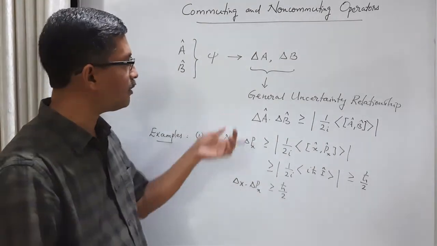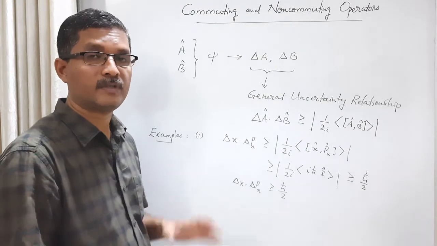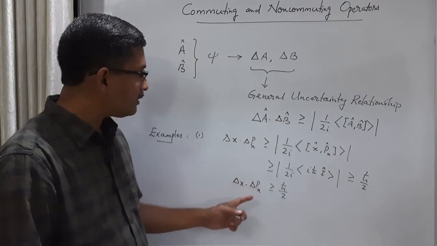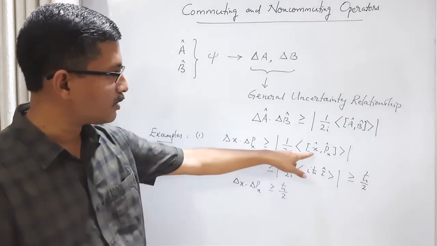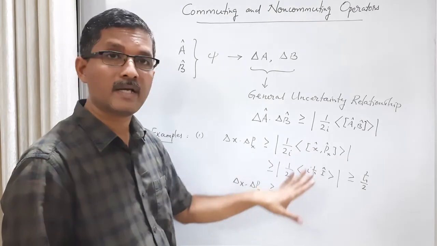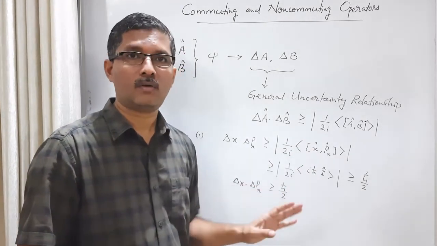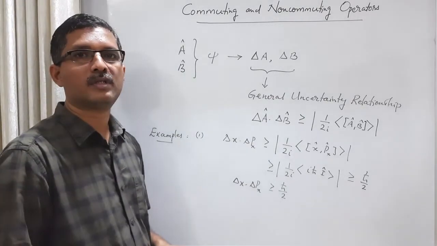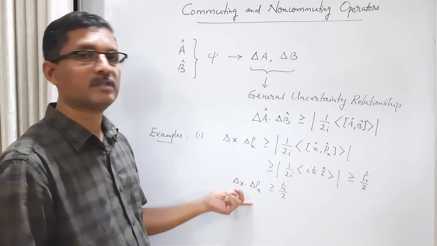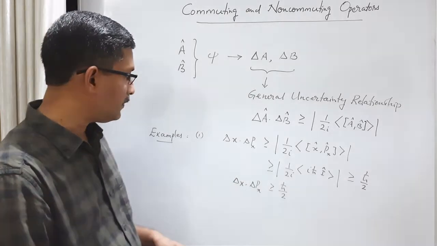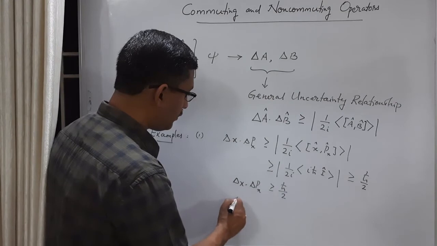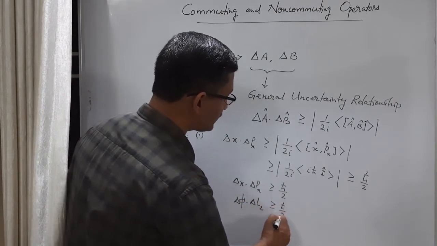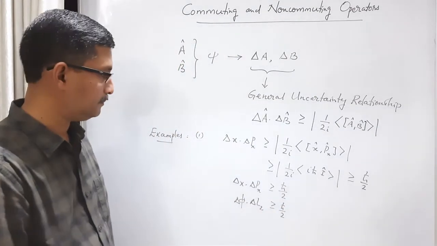Okay, so this is an example of the general uncertainty relationship between any two non-commuting operators. And understand that this commutation rule x, px equal to i h cross identity is shared between a pair of canonically conjugate operators. So any pair of canonically conjugate operators will satisfy this Heisenberg's commutation rule. For example, if we consider the azimuthal angle and the z component of angular momentum, the commutation rule will be exactly this.